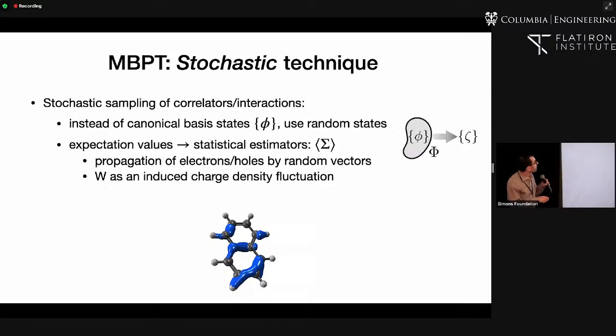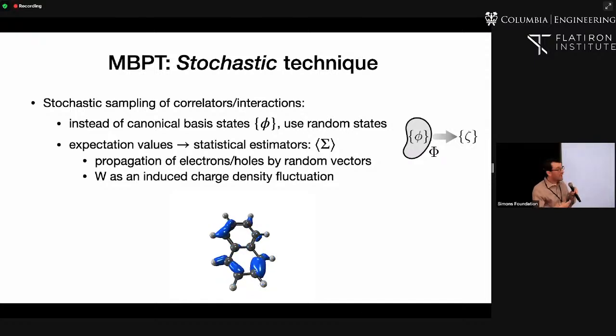Well, as I said, we are propagating electrons and holes through these random vectors, and W is rewritten as an induced charge density fluctuation that we are sampling. So here's a simple movie. If you have a small molecule, you can look at a sampling of this charge density fluctuation. It turns out that most of these things are amenable to low rank approximation.